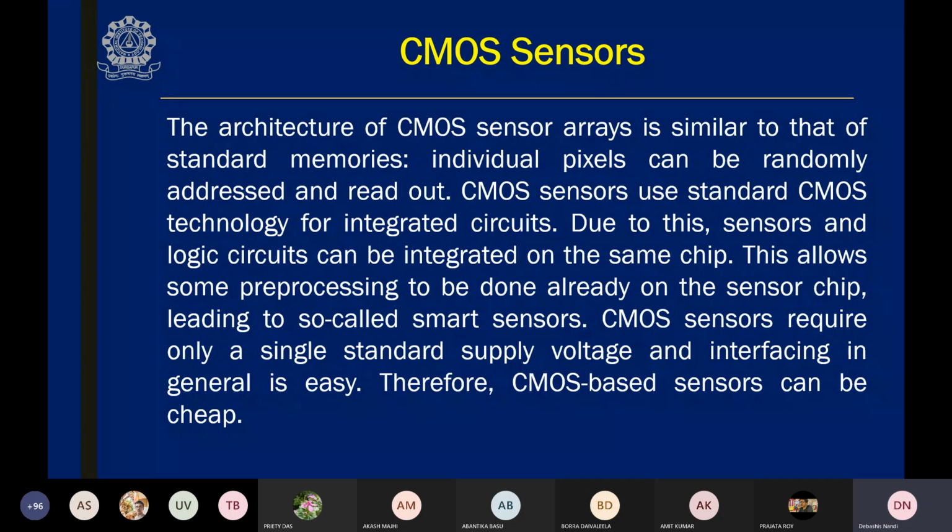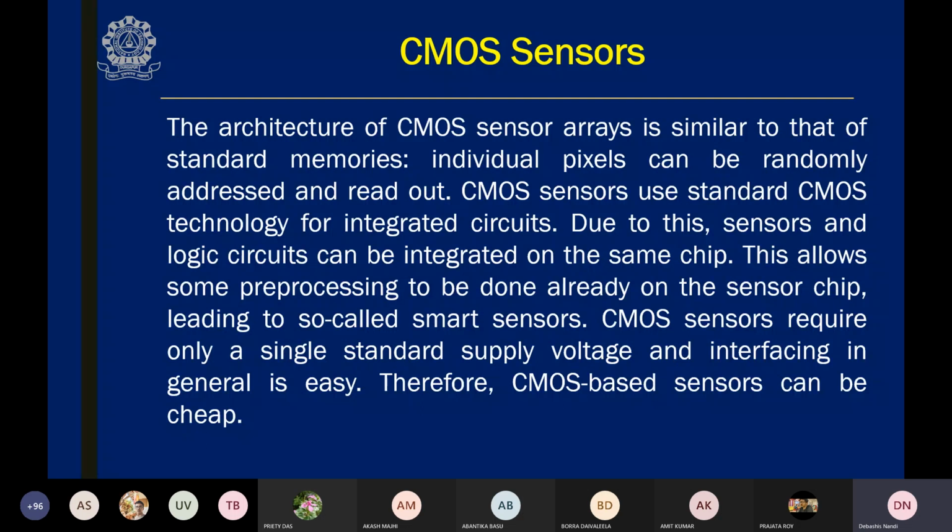Using CMOS technology, an array of memory type thing is formed there. And memory means it will store the charge. How will the charge be stored? In the capacitance in the CMOS.